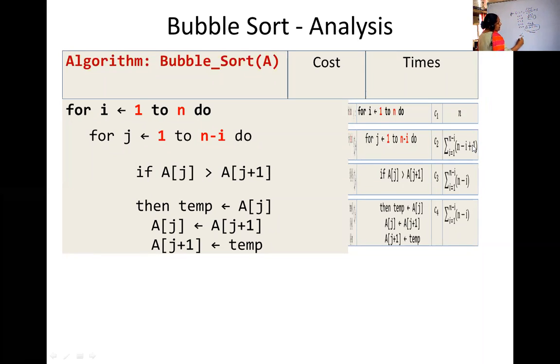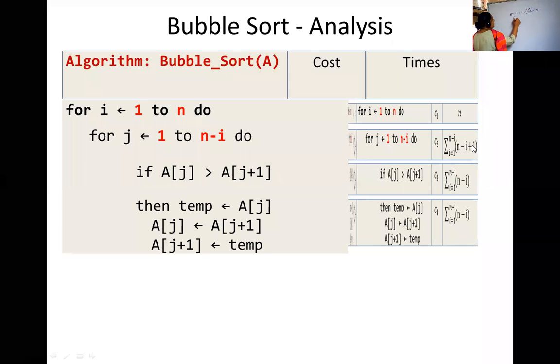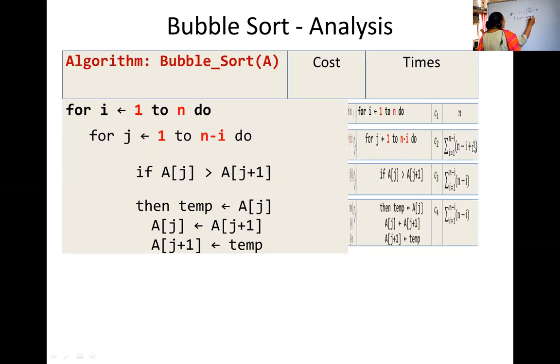What does summation stand for? Suppose I say sum is equal to sum plus I. That means initially the value of sum would be 1, then the value of sum will be 3, then what would the value of sum be, Narendra? 3 plus 3 would be 6, 6 plus 4 would be 10, 10 plus 5 would be 15.